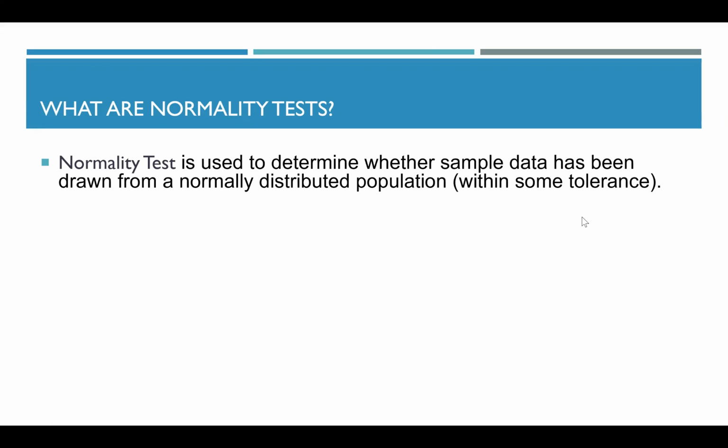We can be like 95% confident or 99% confident that our sample data was taken from a normally distributed population, which then allows us to apply the normal distribution and a variety of other statistical tests that rely on the assumption that I have a normal distribution.